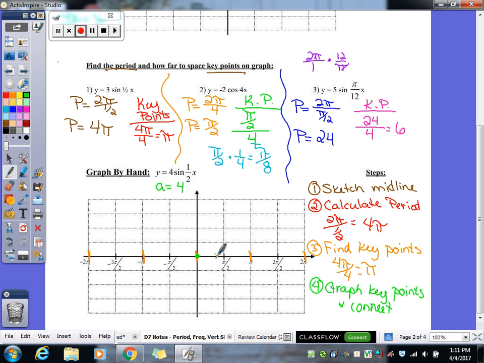Then it would go up to 1, but our amplitude is 4, so it's going to go up to 4. And then back down to 0 at 2 pi. Negative pi would be at -4. And negative 2 pi is at 0. And so that would be our curve there.